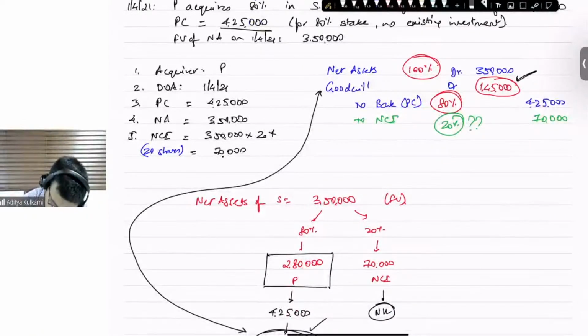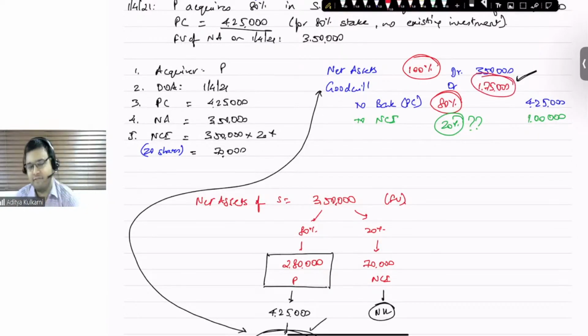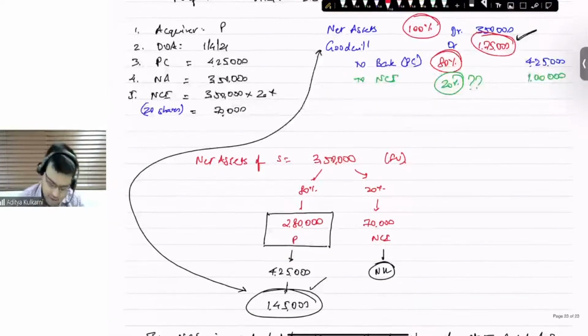NCI here will now no longer appear at 70,000. It will appear at 1 lakh. And the goodwill will not appear at 1 lakh 45. It will appear at 1 lakh 75,000.